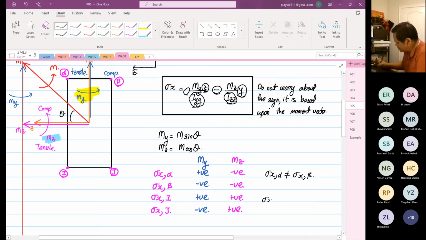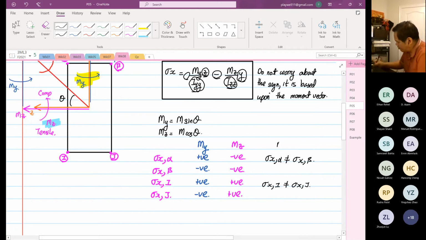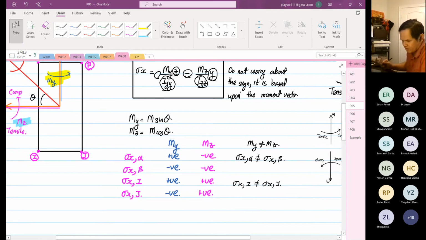Likewise, stress Xi will not be equal to stress Xj. Also, for this case, I need to declare moment about Y is not equal to moment about Z. I want to declare that to all of you. So what you see now is what we call unsymmetrical loading.